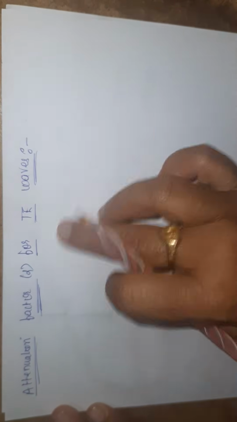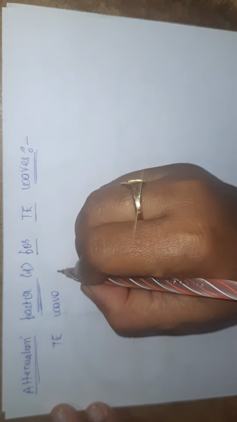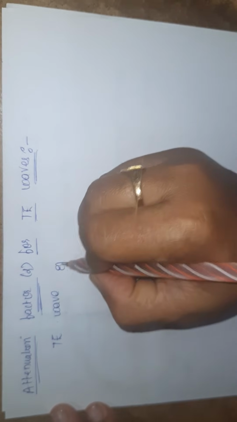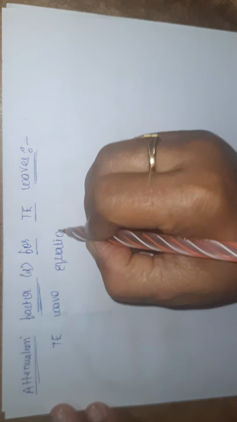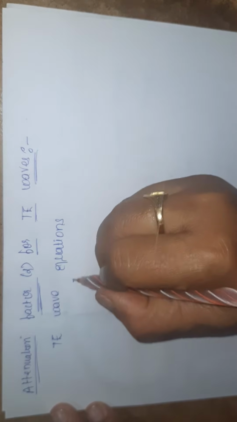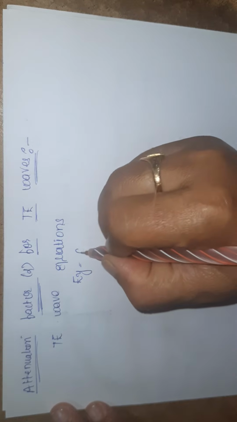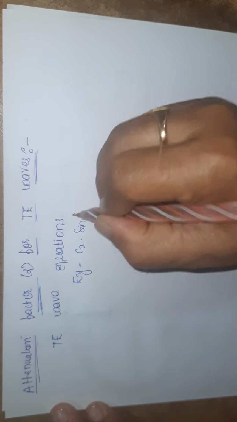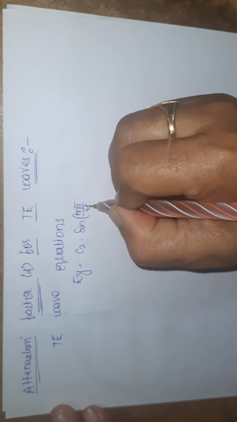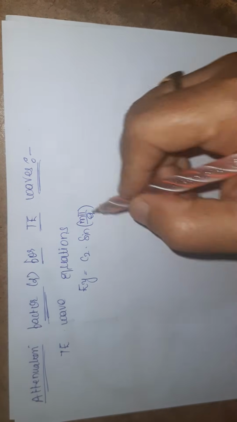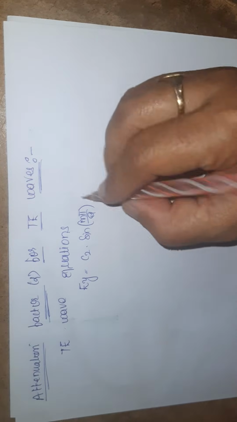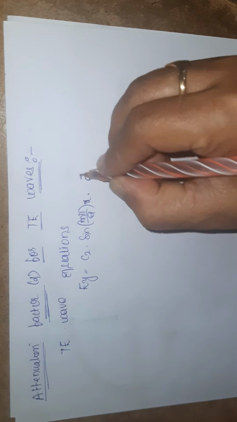So now we are going to see about attenuation factor alpha for TE waves. In the last sessions, we have derived the expressions for TE waves: Ey is equal to C2 sin(m pi by a x) into e power minus gamma z.